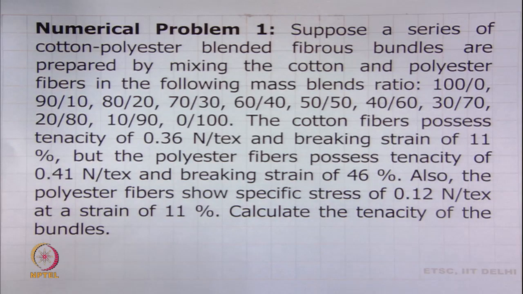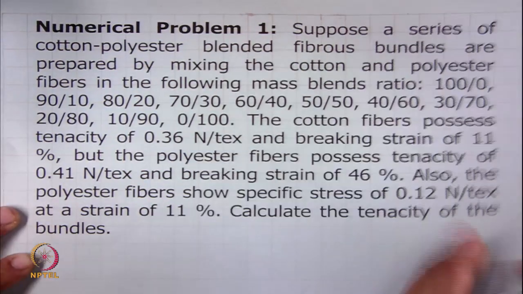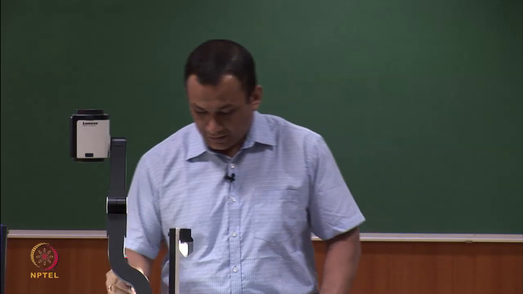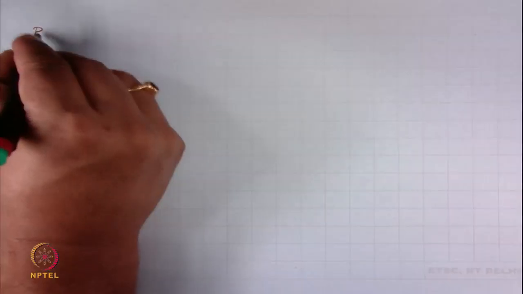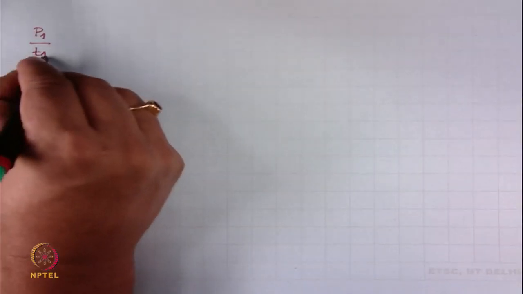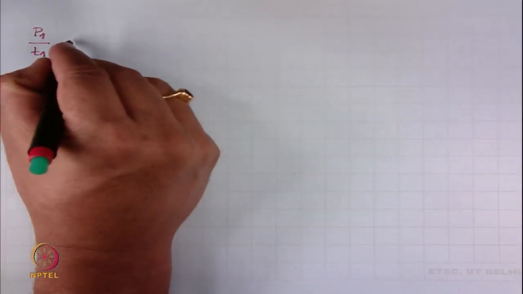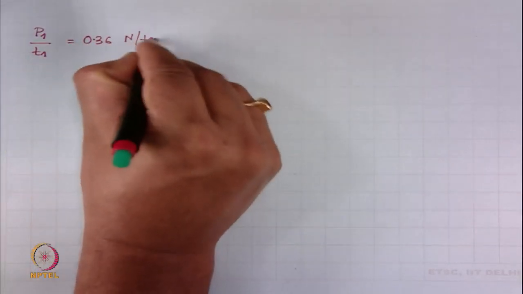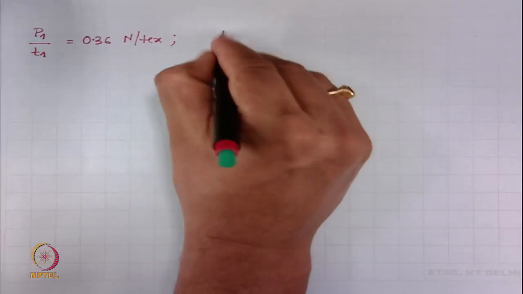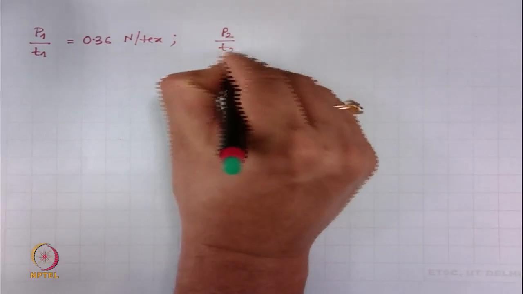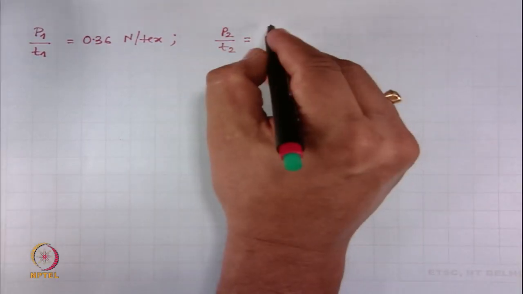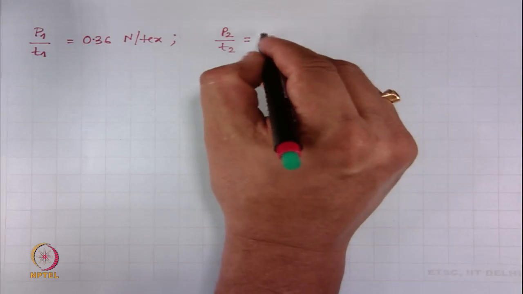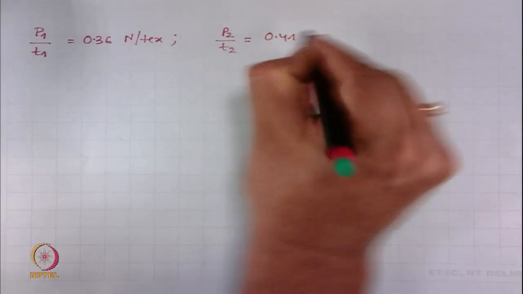That means what is given to us is P1 by T1 equal to 0.36 Newton per tex, and also P2 by T2 equal to 0.41 Newton per tex.